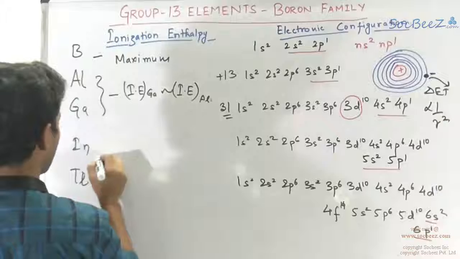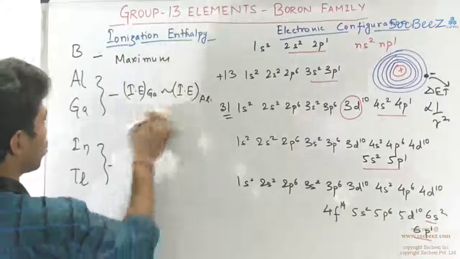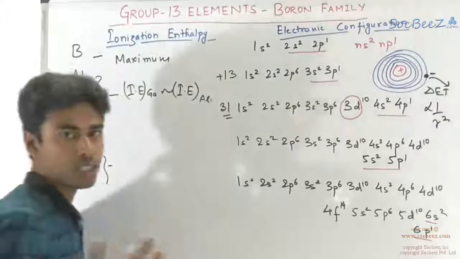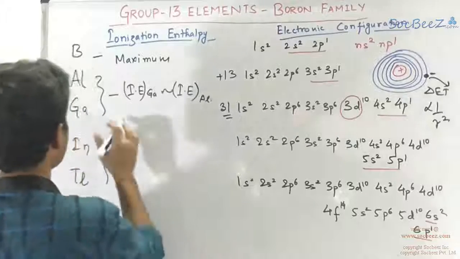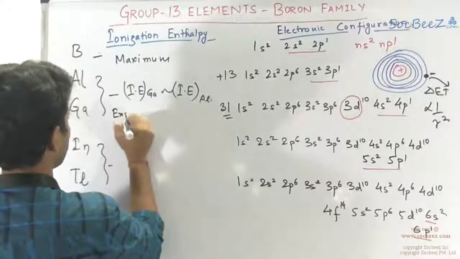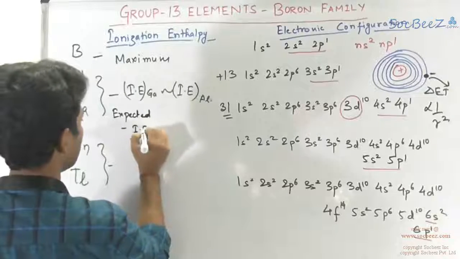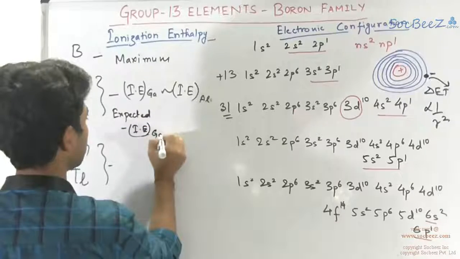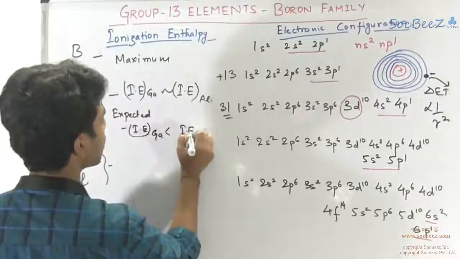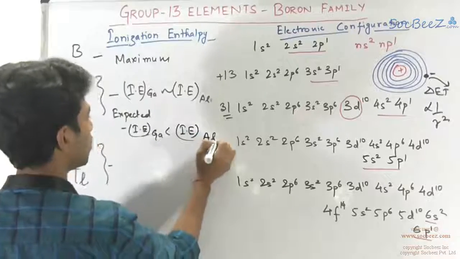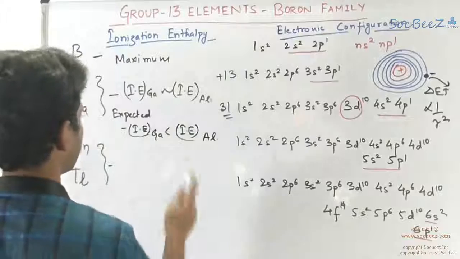Now again, for this case, what is expected? It is expected that IE of gallium is less than IE of aluminium. But this does not happen.